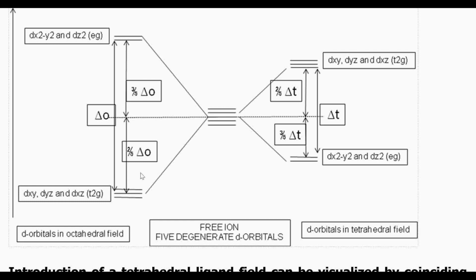Now sometimes a unit called Dq is used in place of delta O, but you have to remember that delta O is equal to 10 Dq. So you can either work in delta O or Dq. For me delta O is simpler, and therefore I am using delta O. So now I have explained the left hand side of this figure.